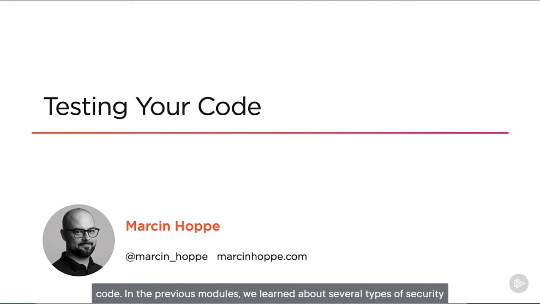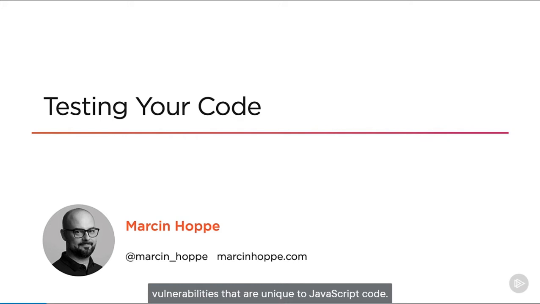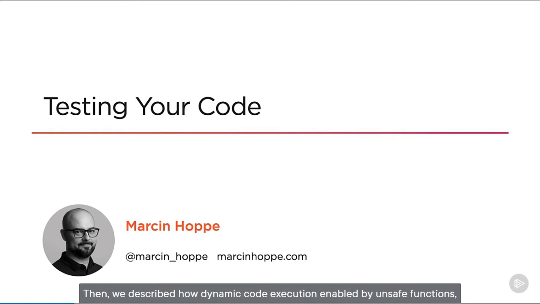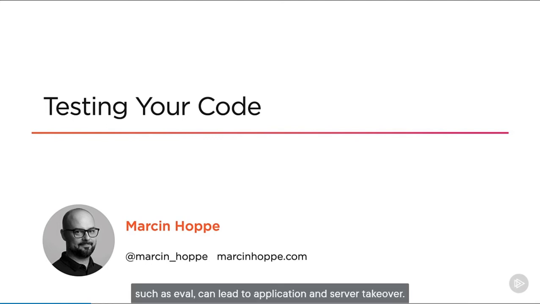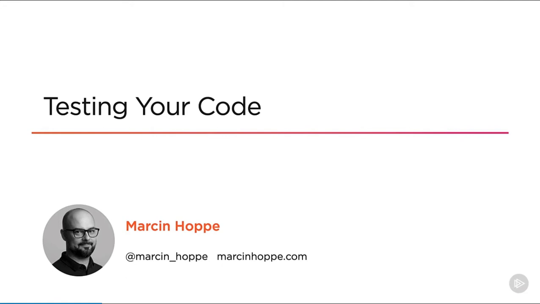In the previous modules, we learned about several types of security vulnerabilities that are unique to JavaScript code. First, we saw how quirks of the dynamic type system may lead to bypass of security checks. Then, we described how dynamic code execution enabled by unsafe functions, such as eval, can lead to application and server takeover.